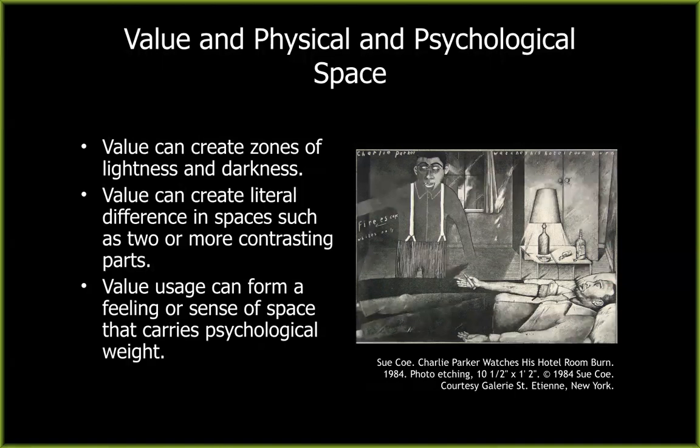And she used light and dark in a couple of different ways. She divided the painting into a lighter area, which is focused on Charlie Parker, and then a darker area, which is more focused on the Black gentleman and the fact that there's a syringe in Charlie Parker's hand. So you can use value to create a mood as well.